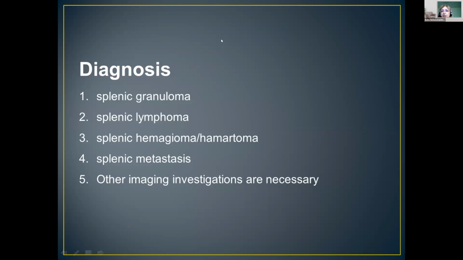It was definitely a benign lesion. I have followed this lesion for 3 years and it is unchanged. My colleagues from CT said it is a hemangioma. I said it's a possible hemangioma or hamartoma lesion.